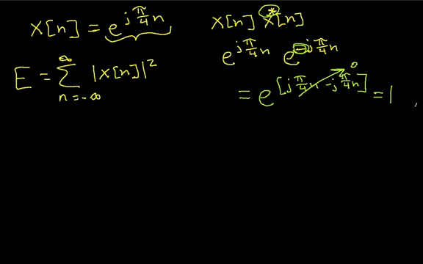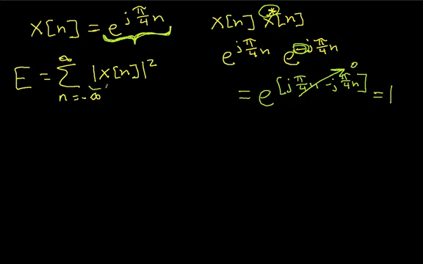So the magnitude of this complex exponential is 1. There are other ways of showing that. One way, which I won't go into, is you know that e to the j pi over 4n is cosine pi over 4n plus j sine pi over 4n. So again, you could square things and find out that the magnitude is indeed 1.